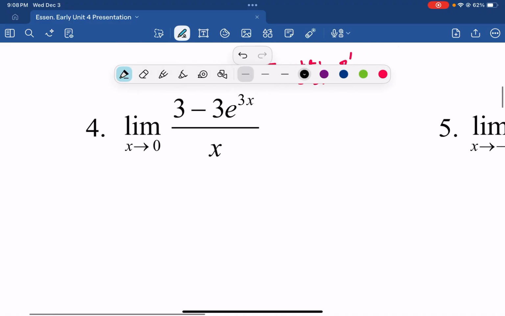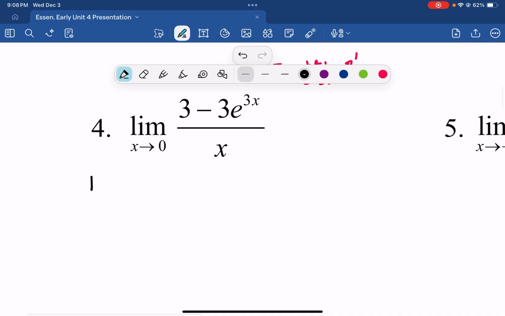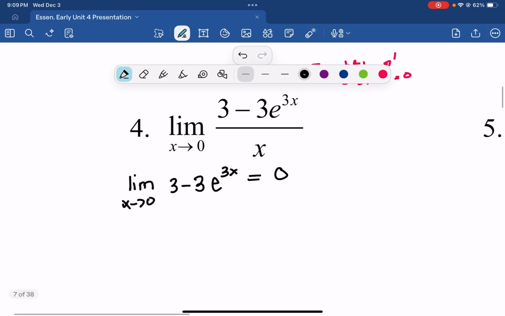So we are going to have L'Hopital's happening here. So we're going to write out essentially our justification. So the limit as x approaches 0 of 3 minus 3e to the 3x is equal to 0. And the limit as x approaches 0 of x also equals that 0.